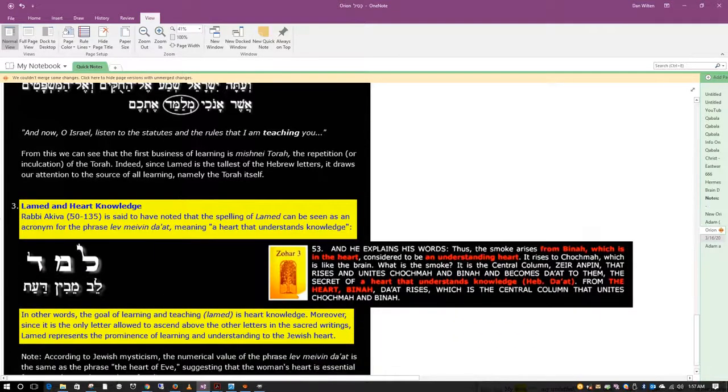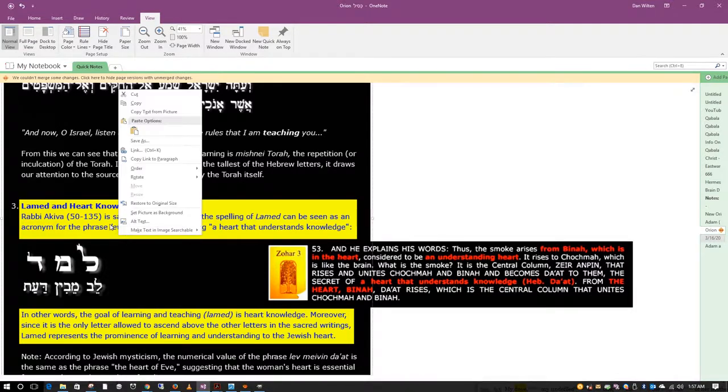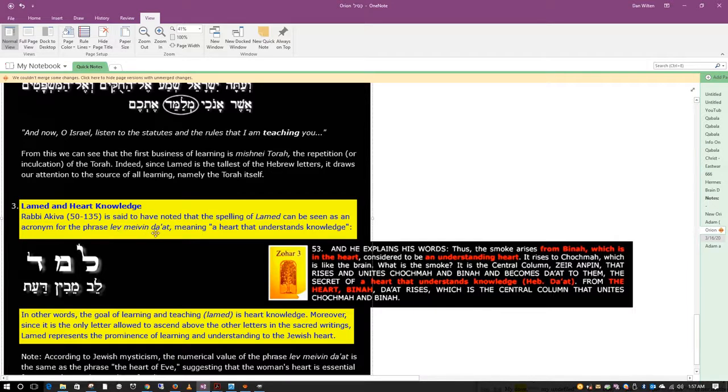And down here, I believe the guy that did the Temple and Man, well, I can't remember his name, but anyways, if we take a look at Lamed, it can be seen as an acronym meaning a heart that understands knowledge.